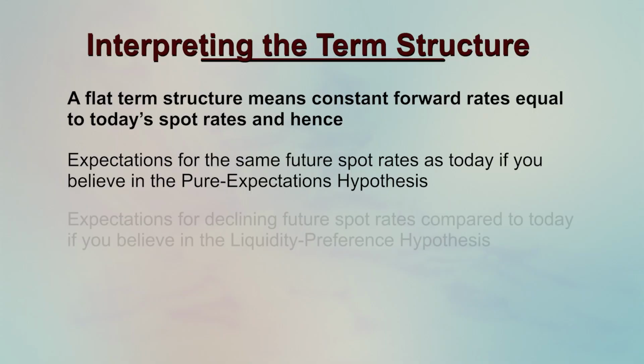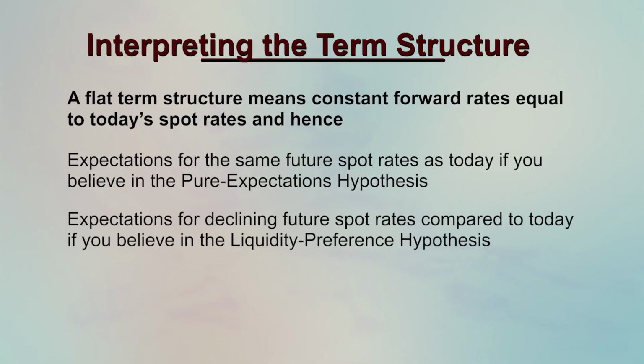That means if we consider pure expectation, then the model can be fully explained by the expectation without any kind of discrepancy. But if we go for the liquidity preference hypothesis, declining future spot rates will come up in the expectation model. So expectations of similarly declining future spot rates and expectations of sharply declining spot rates are considered to be under the same periphery of pure expectation and liquidity preference hypothesis.